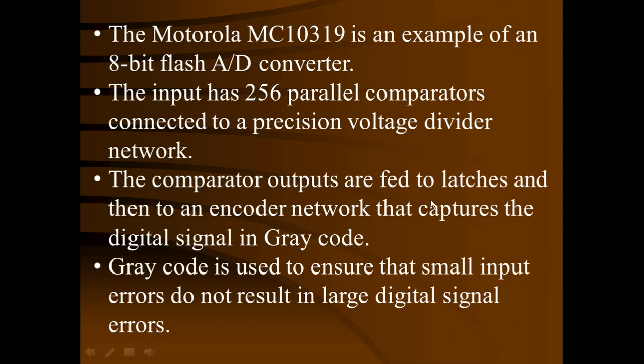The comparator outputs are fed to the latches and then to the encoding network that captures the digital signal into the gray code. Gray code is used to ensure that small input errors do not result in large digital signal errors. Because in a gray code, when it makes a transition from one level to another, only one bit of the digital signal changes, and hence the error is very minute.